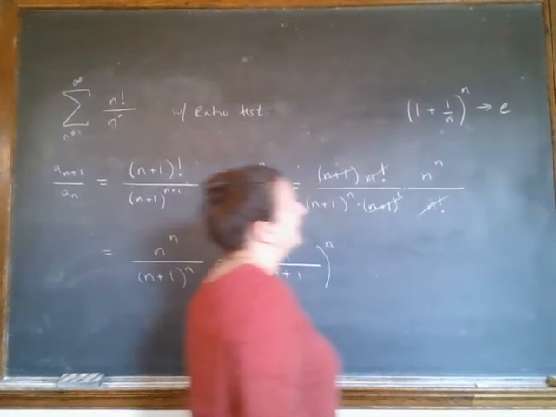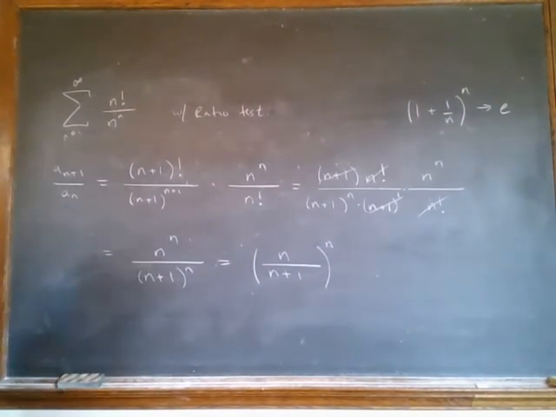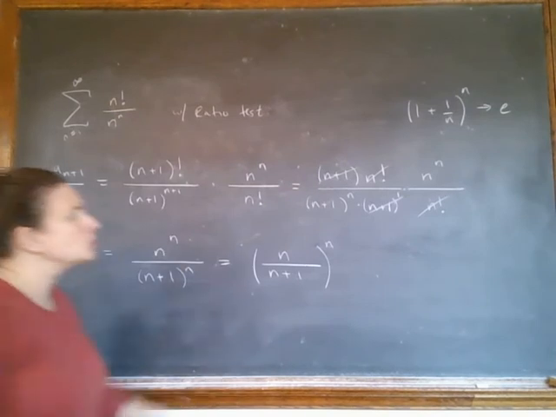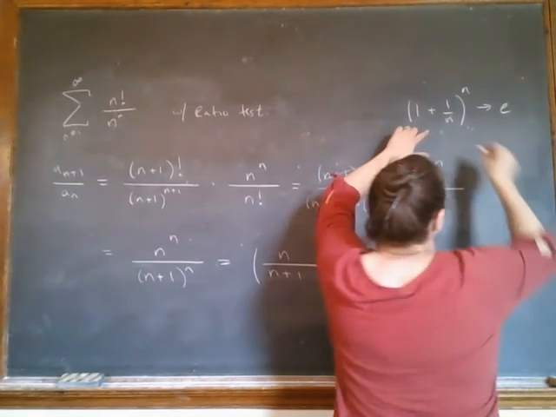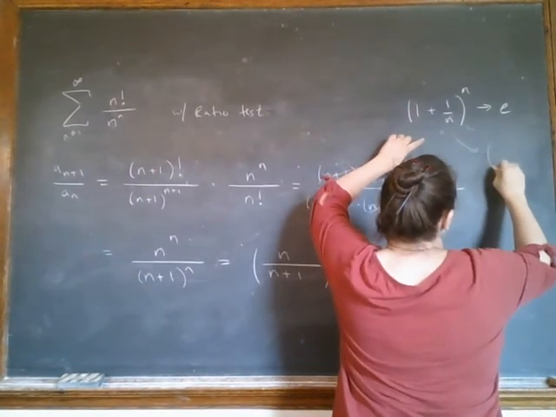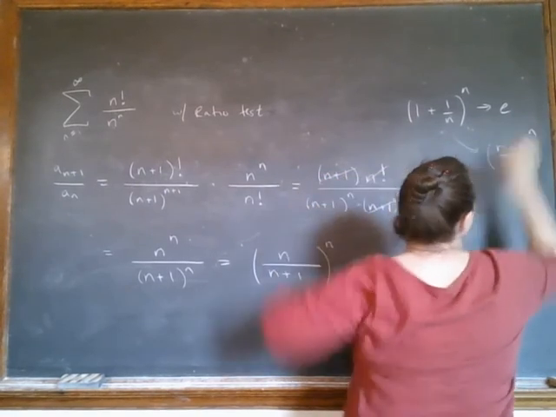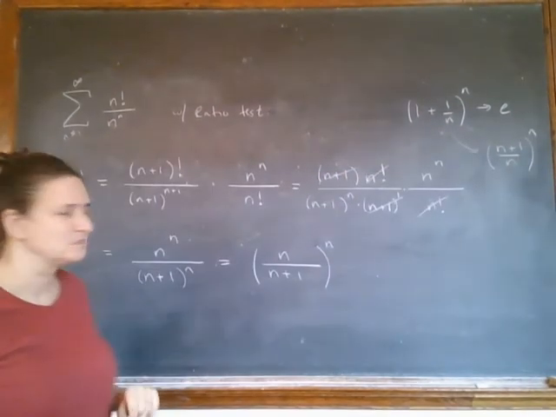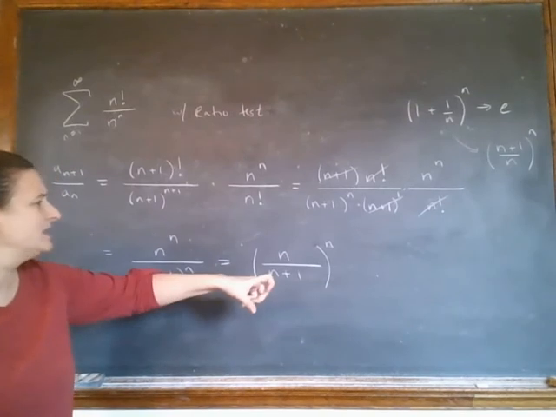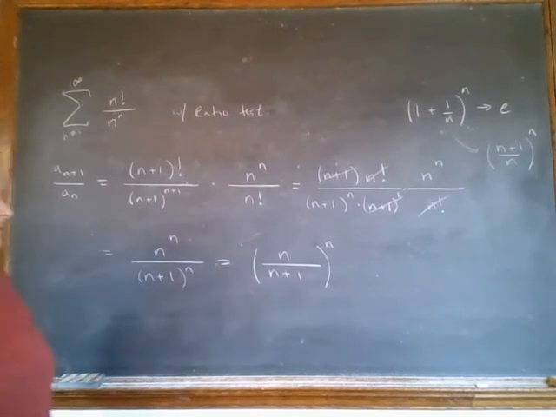That goes to e. But what is this? If I put this over a common denominator, I get that. What we have is the reciprocal of that.